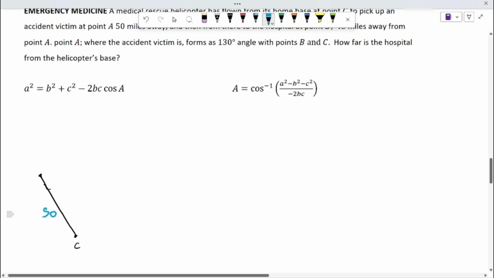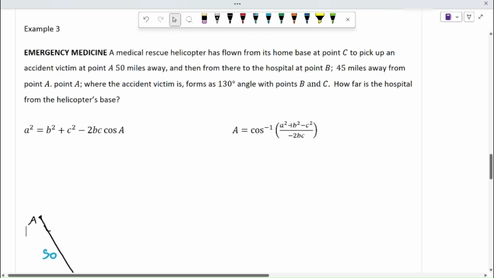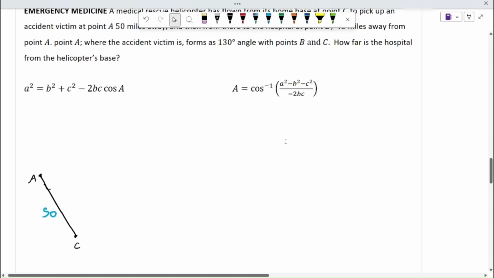And then from here, we go to point B, 45 miles away. Yes, point B is 45 miles away from point A. So point B is here, and then we join these. Okay, that's close enough.